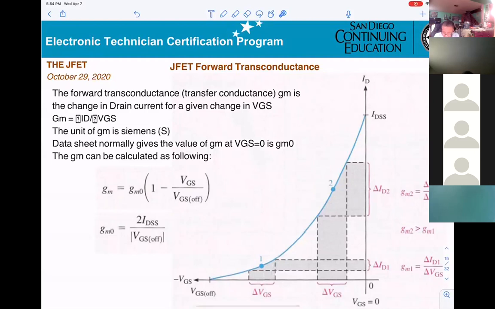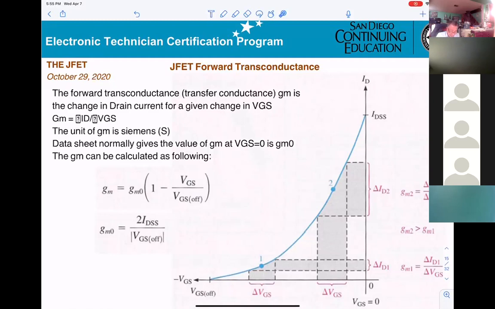You can see right here, you have to get delta ID, that means you get one value here and one value here, and also delta VGS between these two points. That gives the definition: GM equals delta ID over delta VGS, but we don't care about that. That's just a basic definition.